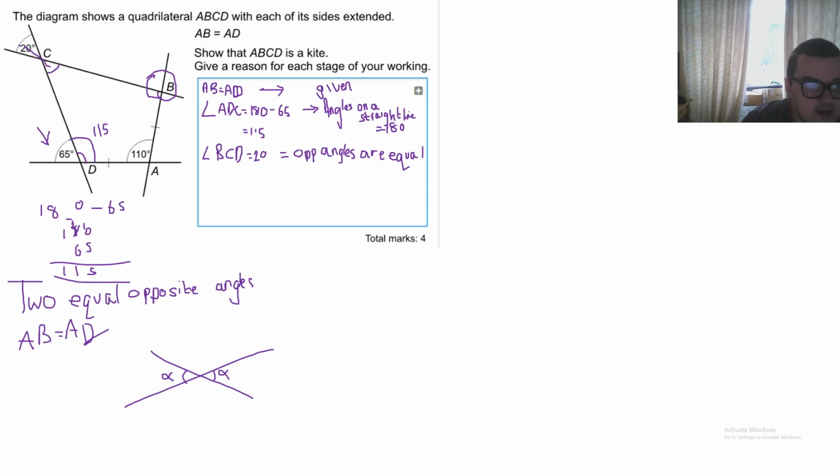So we can say that the angle ABC equals 360, which is what angles in a quadrilateral add up to, subtract, and we're going to add the angles we have together. 110 plus 115 plus 20.